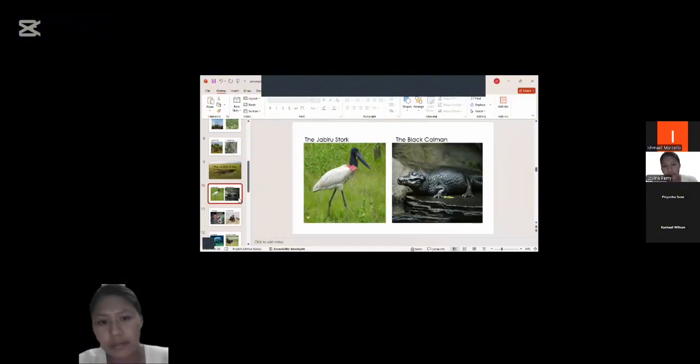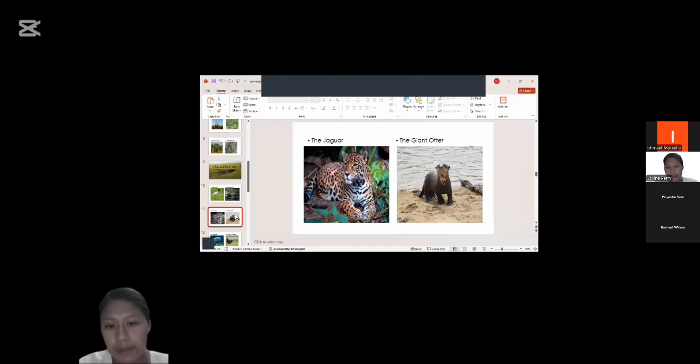So here we have more of the wildlife that we will come across in the interior savanna. We have the Jabiru stork, we have the black caiman, which will most likely dwell in the Rupununi River. We have the jaguar that you would find in the mountainous areas of the interior savanna.